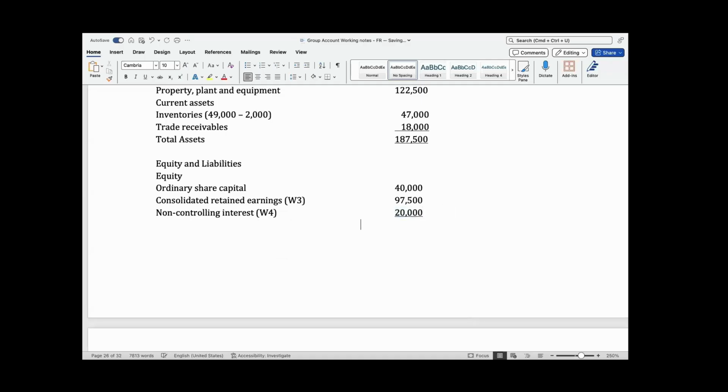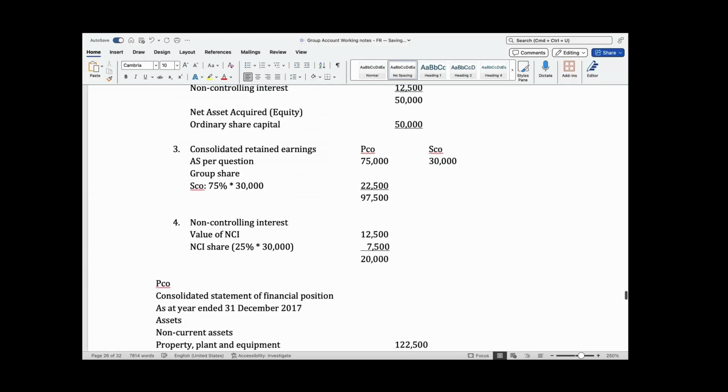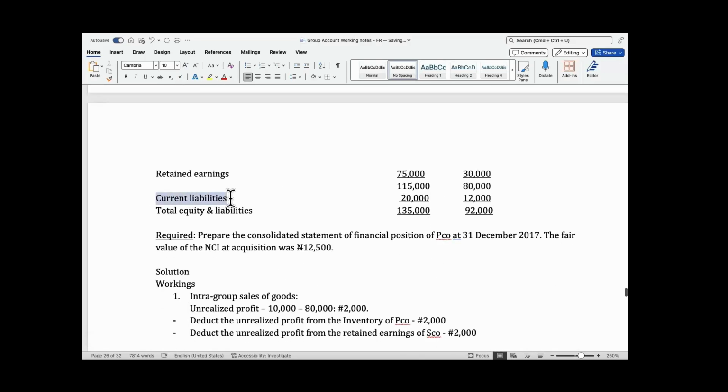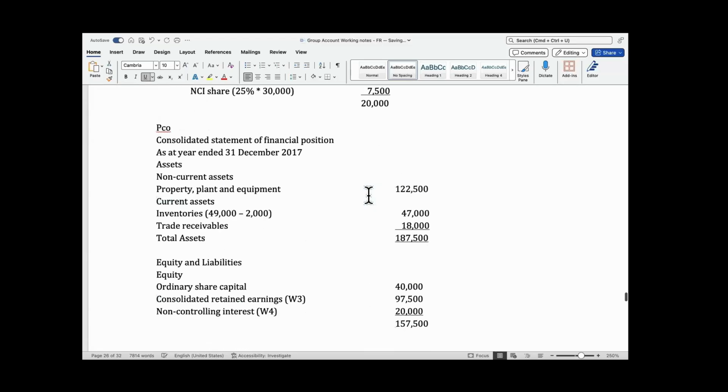My equity, $157,500. Then my current liabilities is 32,000.